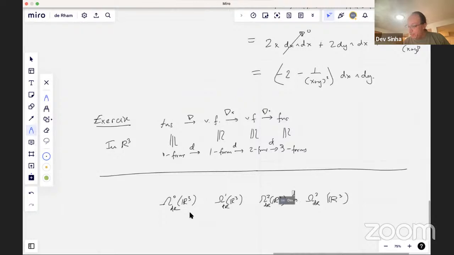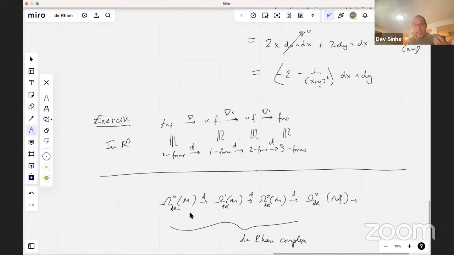And we've got this D, or more generally, if I look at some manifold M, and it can keep going, this is called the de Rham complex.